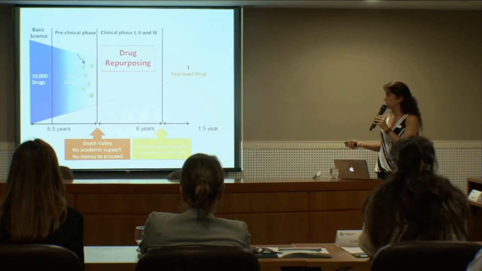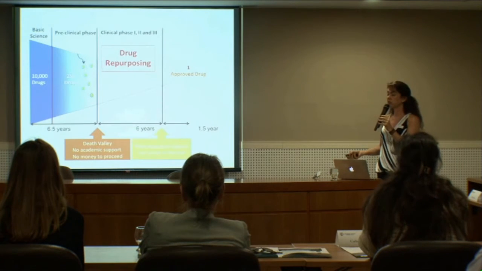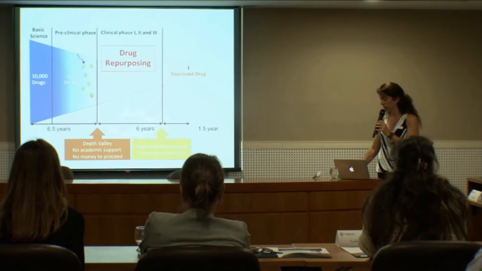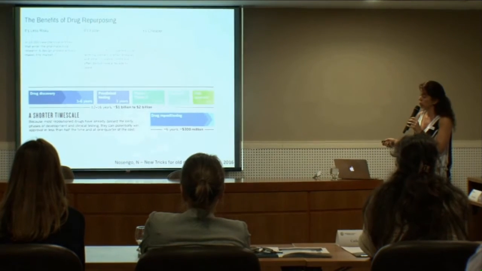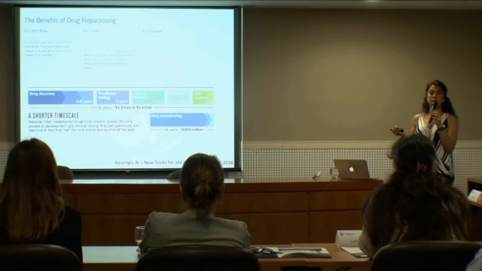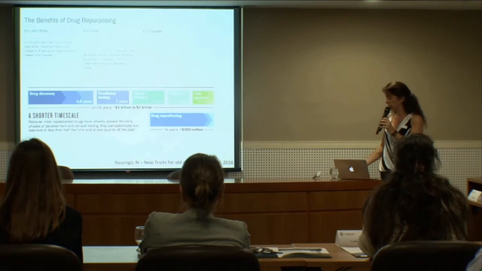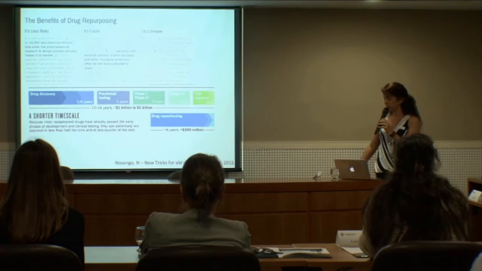So if you use drugs that are already approved, we have 6 years less in this way. So we save time and then we save money. With drug repurposing, we have just 6 years, and we have 3 million American dollars, more or less, that we can save.